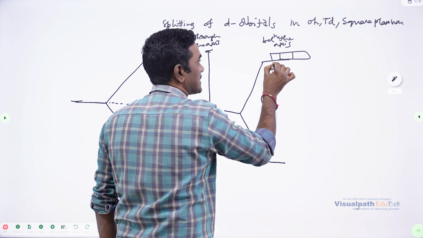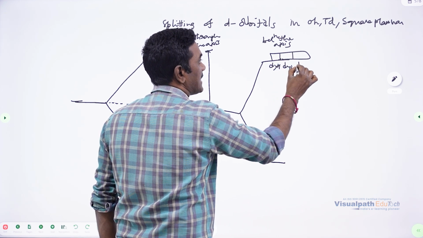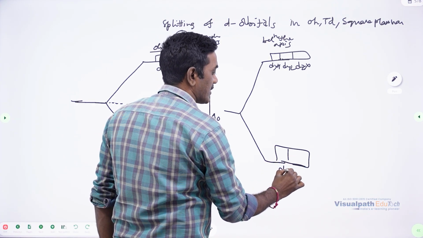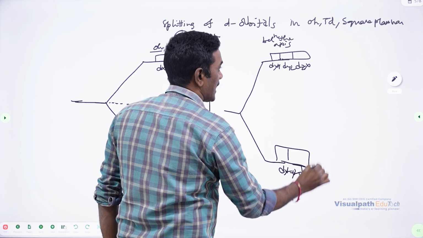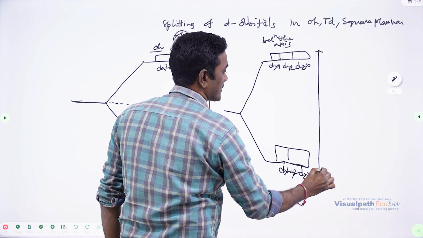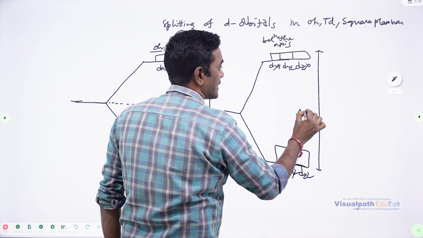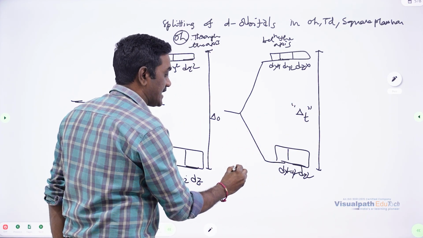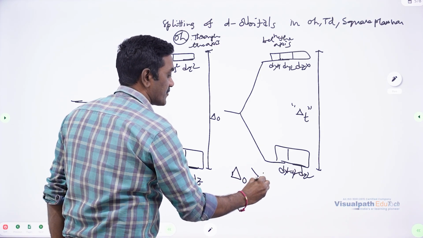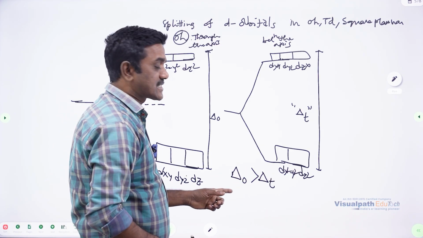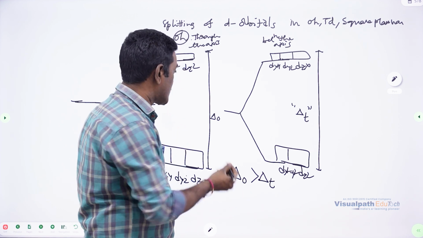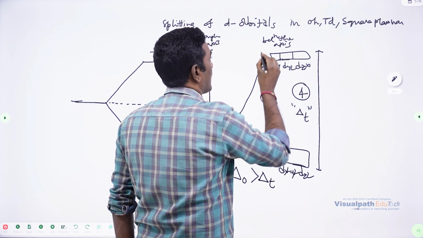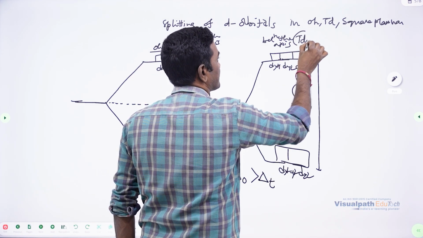Whichever is between the axis, that is dxy, dyz, dzx, will experience more, and dx square minus y square, dz square will experience less repulsion, and it is going to be delta t. We already discussed that delta naught is greater than delta t. Why? Because 6 ligands are approaching here and 4 ligands are approaching here. And here it is going to be tetrahedral.